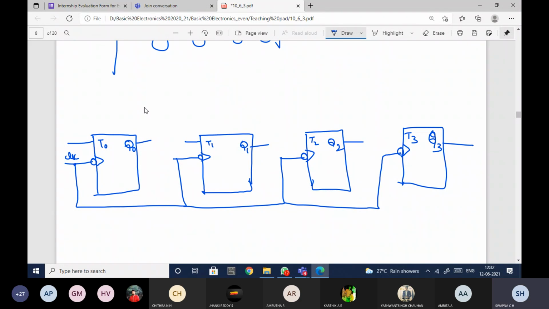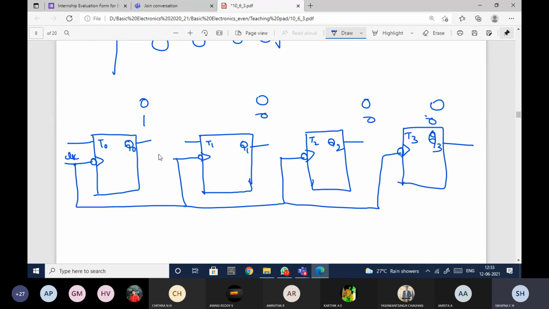Initially I'll make all of Q0, Q1, Q2, Q3 as 0, 0 0 0 0. Let me think that I have reset the flip-flops. Now only the first flip-flop should toggle, so I'll get 0 0 0 1.